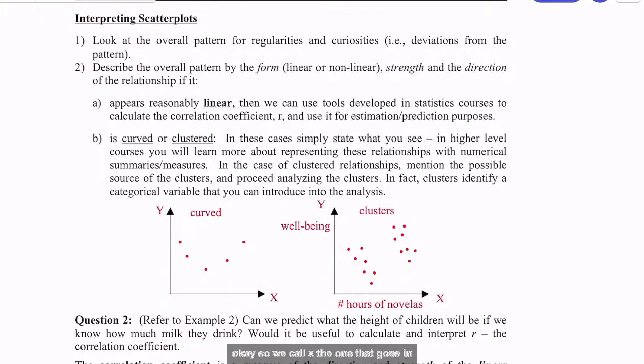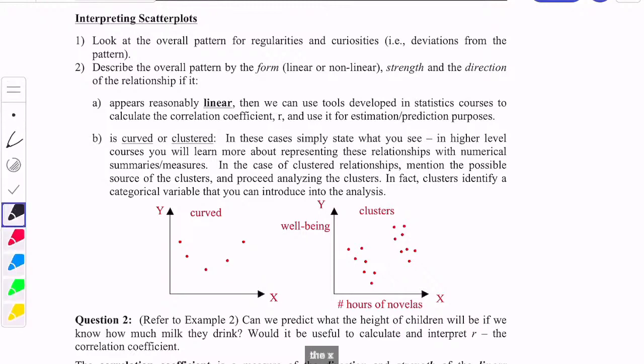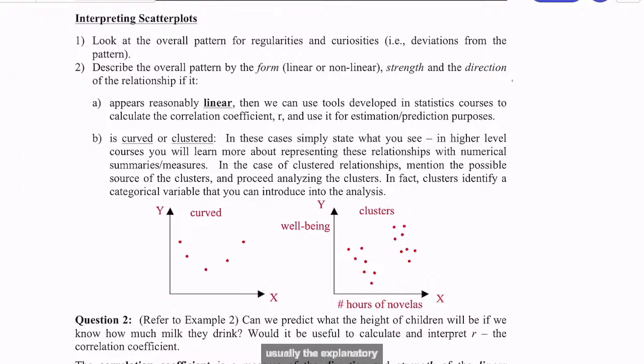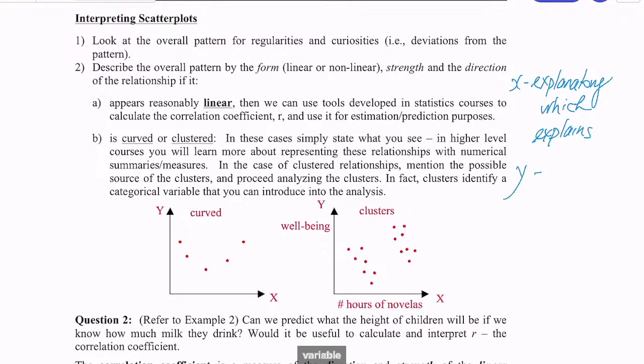Okay, so we call X, the one that goes on the X, usually the explanatory variable. The Y we call the response variable. There's some other terminology for these variables that you probably have seen.